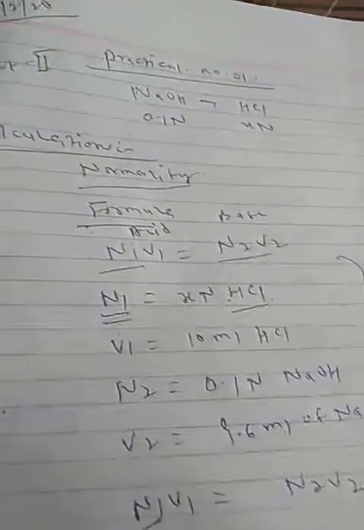At last, 10 plus 2 is 12, 12 and 2 is 14, 14 and 2 is 16, and at last 2 more, making 18. We will see what the final mark will be. So you have to write each and every step very nicely.